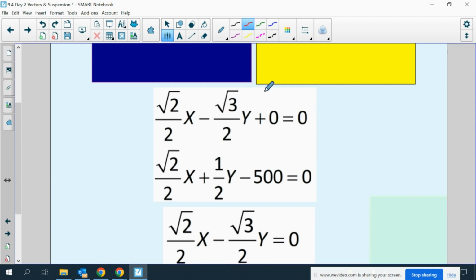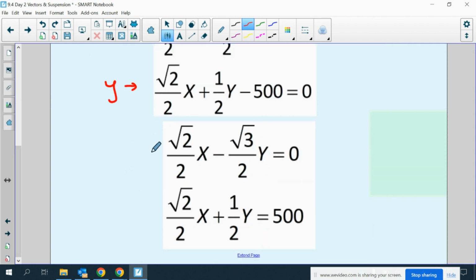So we have these two things that are happening. This is all my x components, and this is all my y components. And if I add up all the forces, it has to equal 0. So I end up with these two situations, and now I have a system of equations.